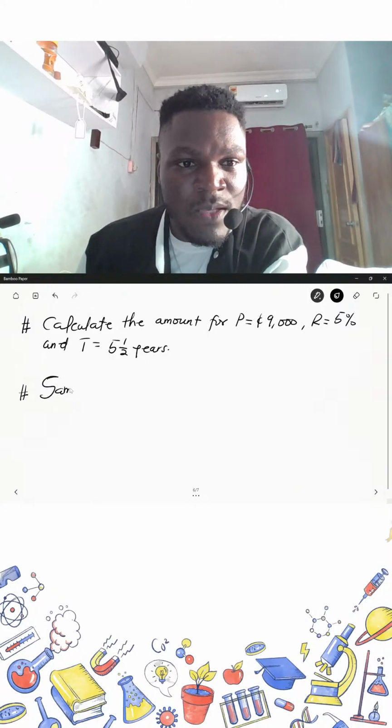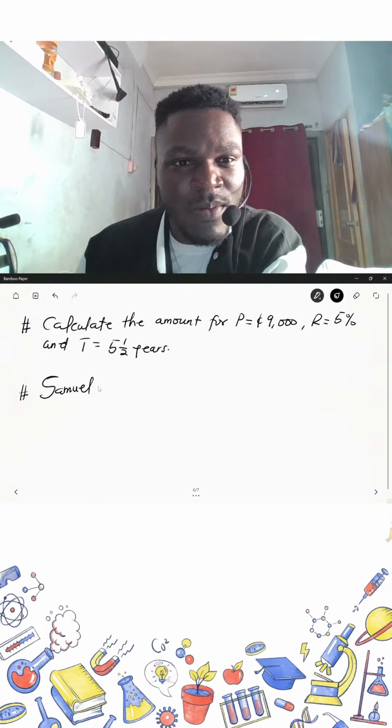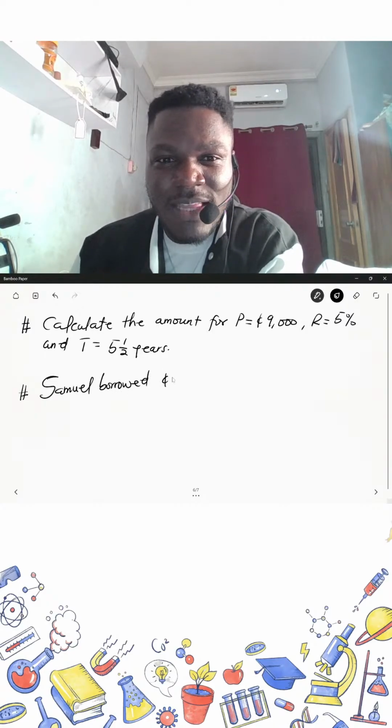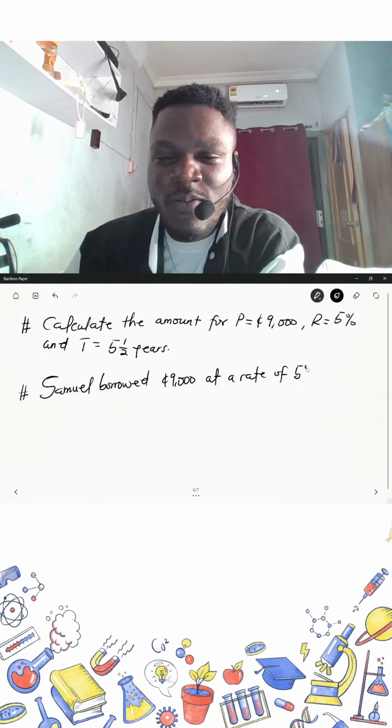Samuel borrowed 9,000 Ghana cedis at a rate of 5% per annum.